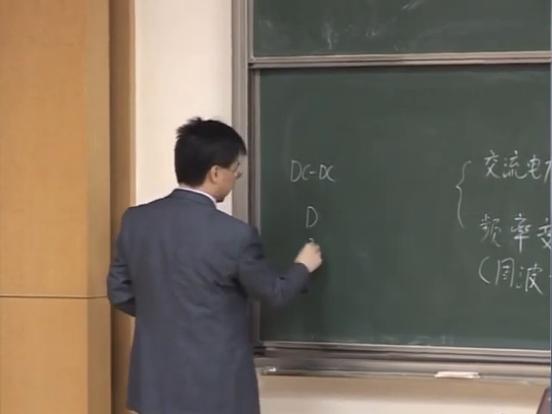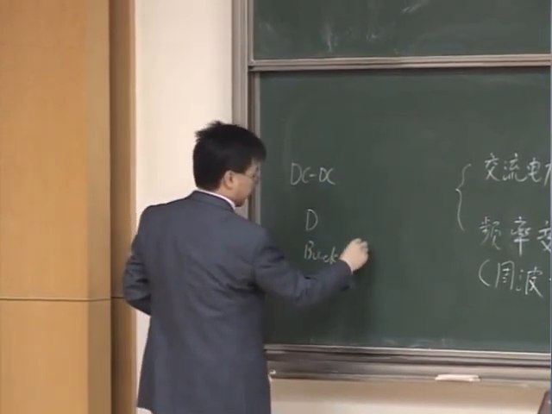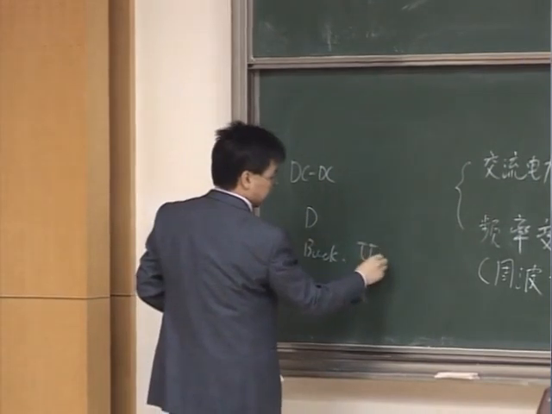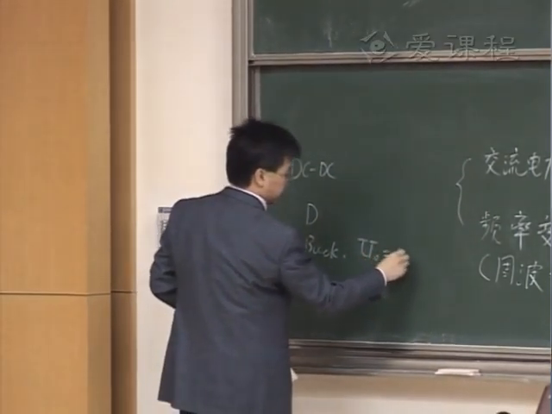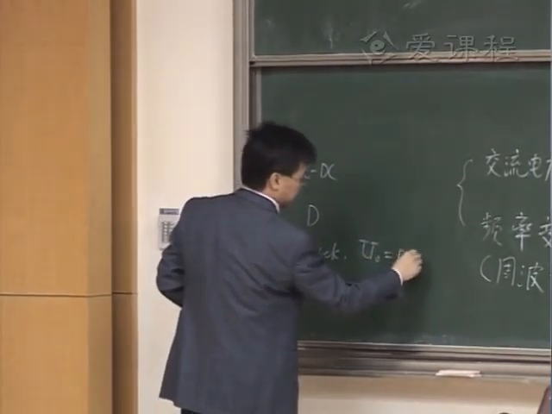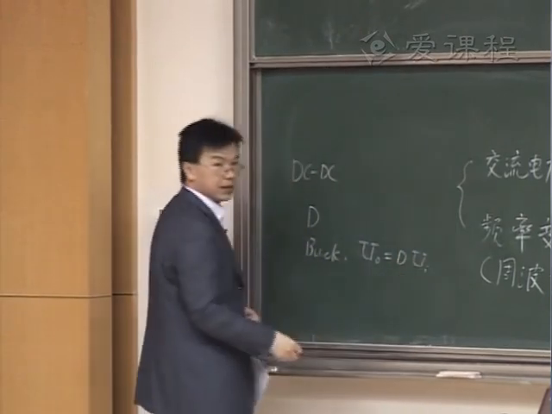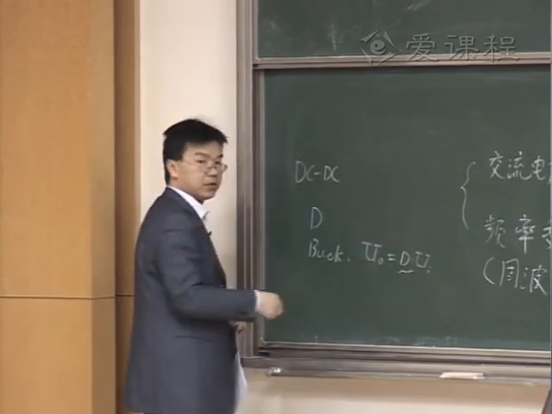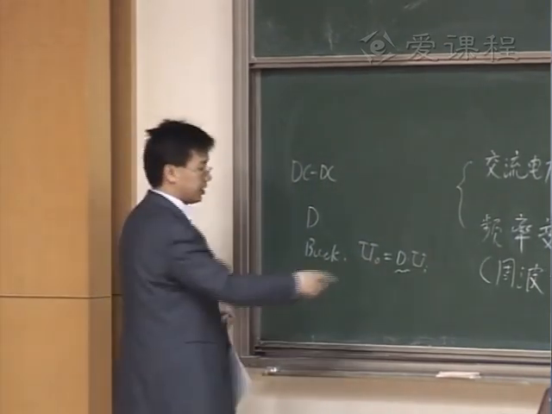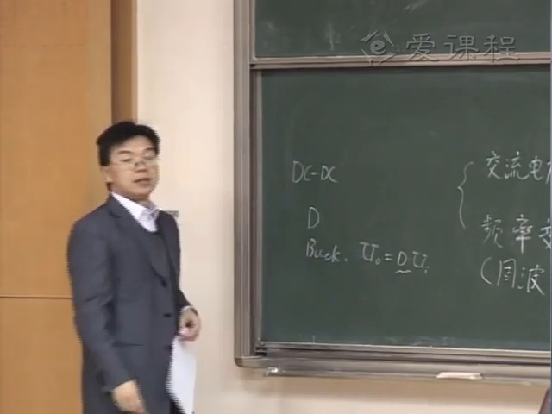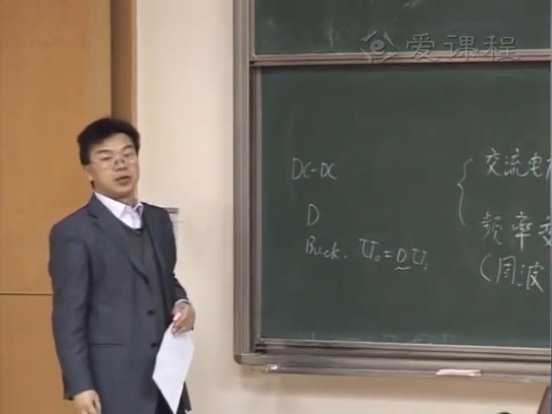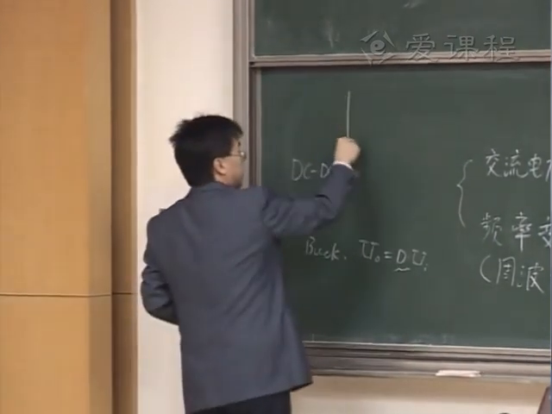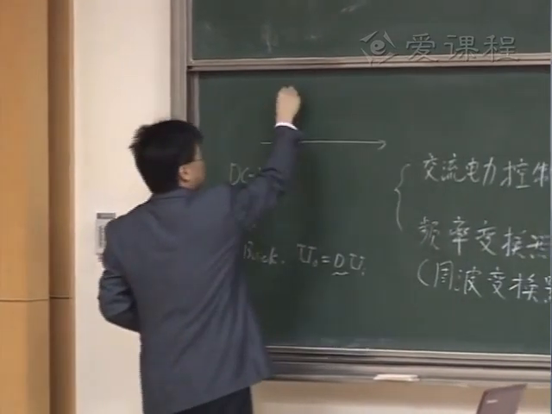For example, for a buck converter, the average output voltage is always equal to the duty cycle multiplied by the input voltage. So we can always control the average output voltage of a DC to DC converter by adjusting the duty cycle.